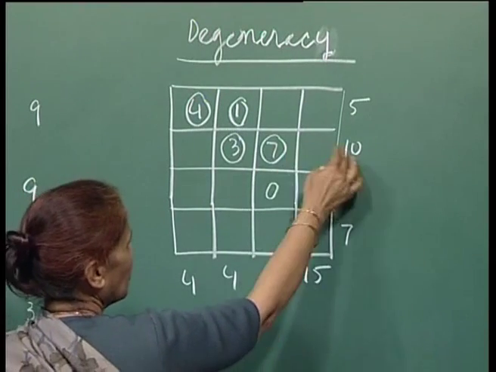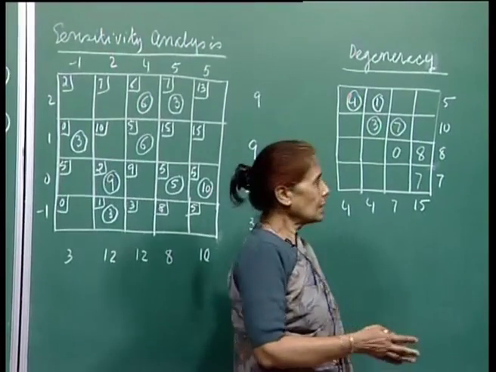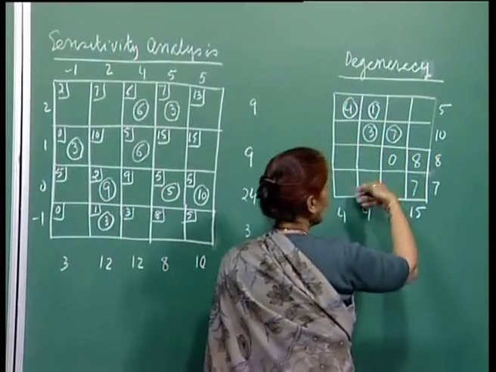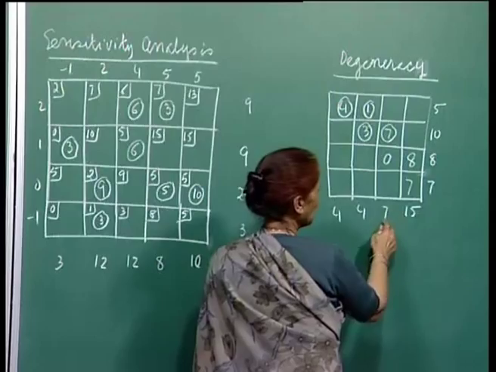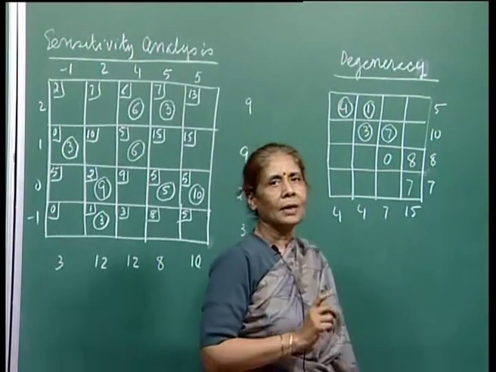So both the row constraint and the column constraint get satisfied. I will refer to this as row constraint, which is actually the supply constraint, and these are your demand constraints. So the column constraint and the supply constraint both get satisfied simultaneously.